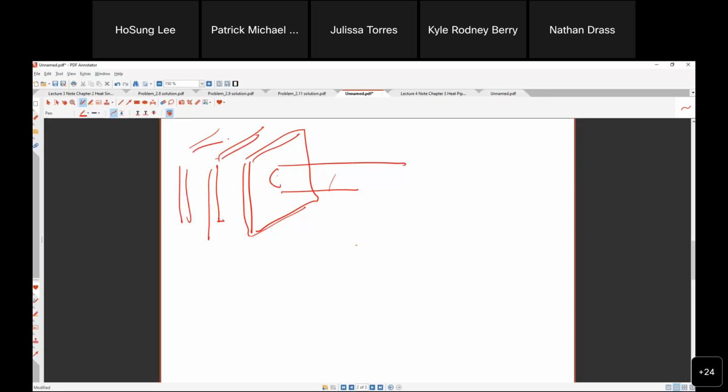How to do it? We assume a circle, but the same area.